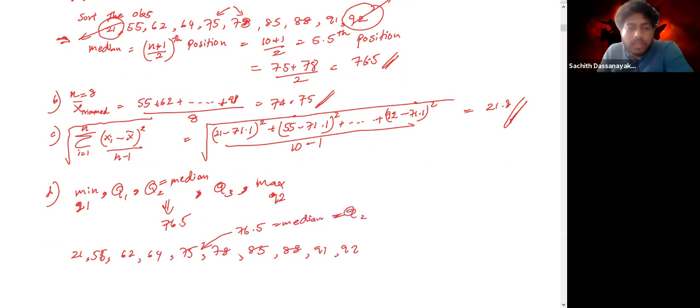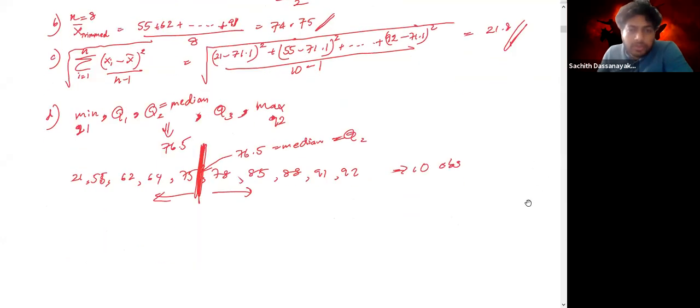How many numbers are here? It is just 10, right? With 10 observations, an even number of observations, no worries. You can divide your data set at the median. This is the left half, this is the right half, or lower half and upper half.